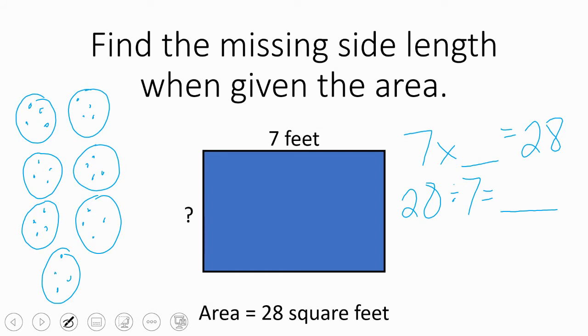And inside each circle are 4 dots, so my missing side length must be 4. And notice, it doesn't say 28 square units, it says 28 square feet. So really and truly, my missing side length would be 4 feet.